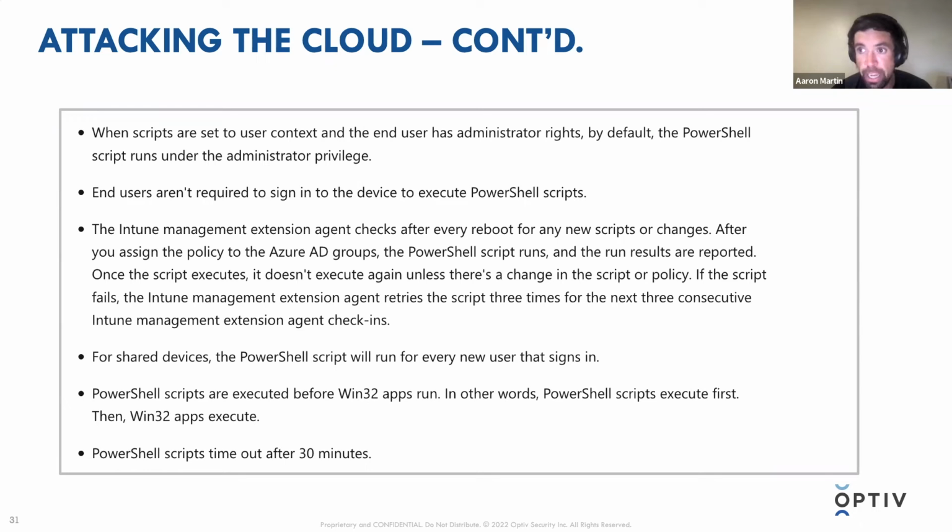So it's really important that you pick small subsets of Azure AD groups. You look at the devices, maybe find ones that aren't compliant. With Intune, you can see which devices are currently compliant, or maybe you used endpoint security, you disabled any EDR on those devices before you push these PowerShell scripts.